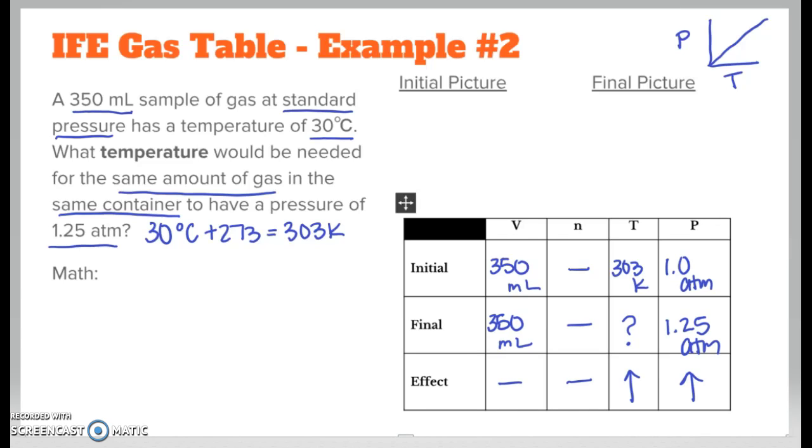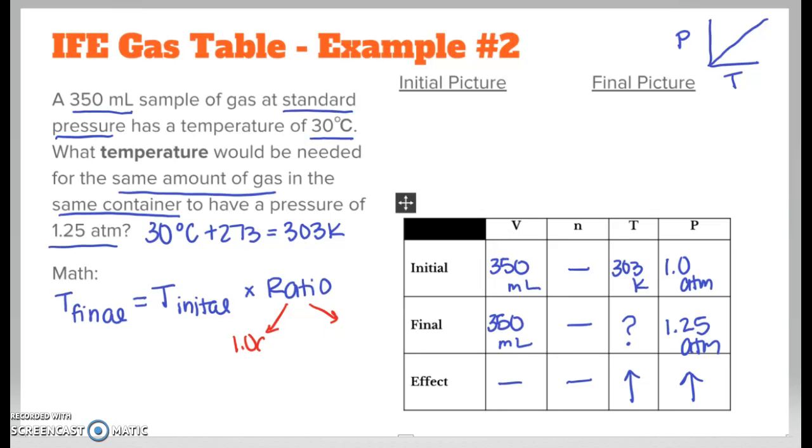So the next question then is, what is the actual new temperature going to be? In order to find a new value, our final temperature can be found by taking our initial temperature and multiplying it by some ratio. The ratio that we know, or the numbers that we can use to find a ratio, comes from the change in pressure. So we have 2 options.